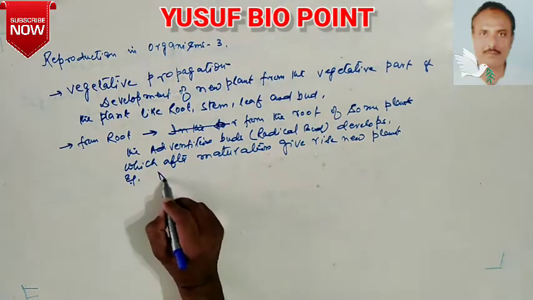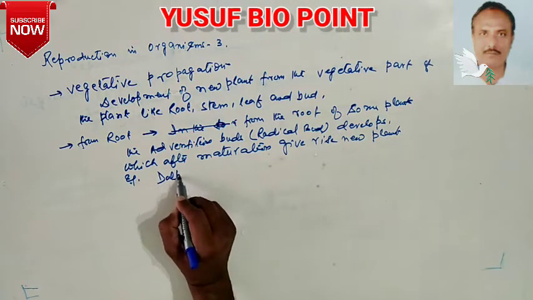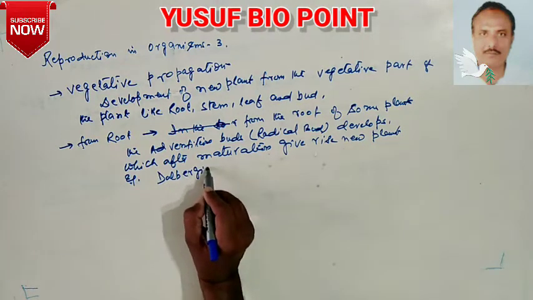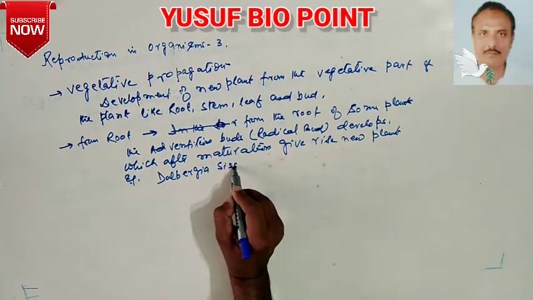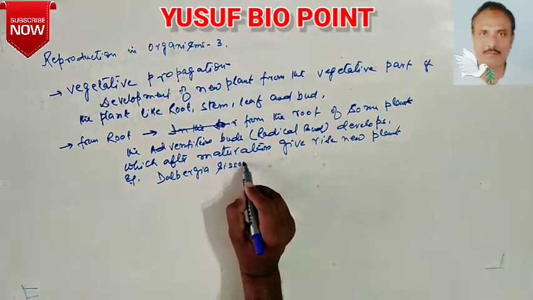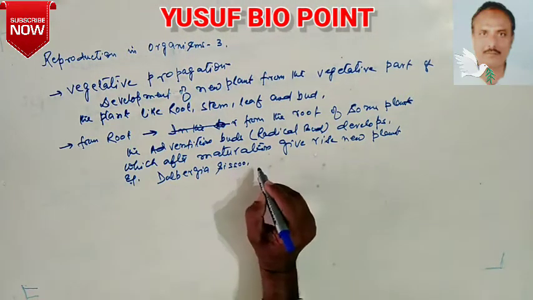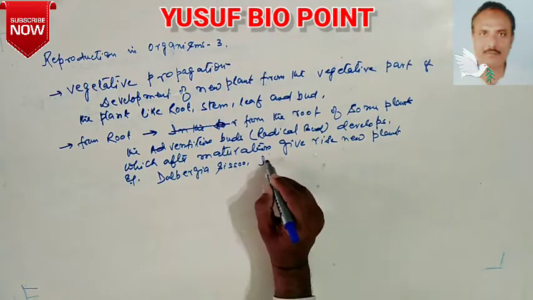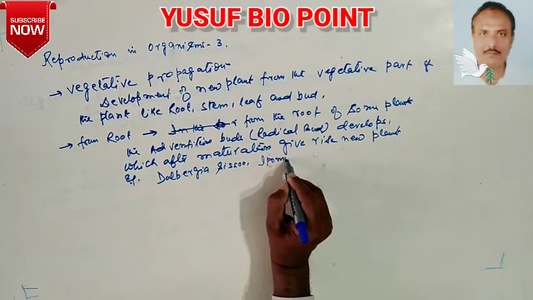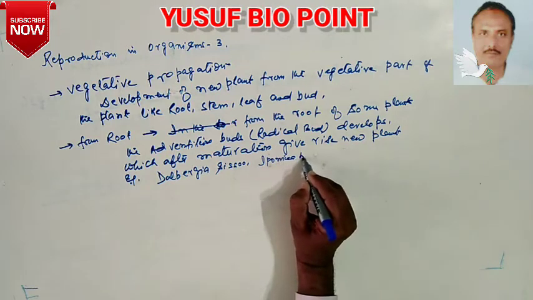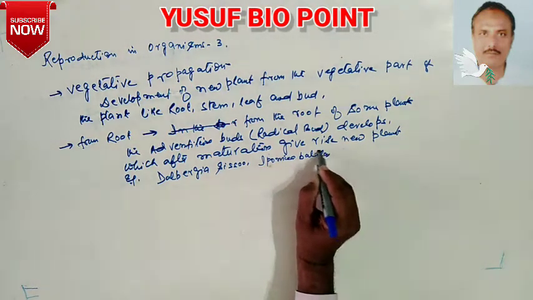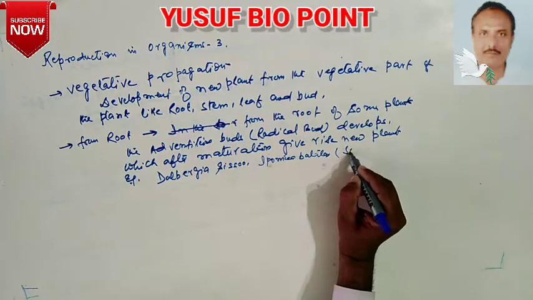Examples: Dalbergia sissoo, that is the sisum plant, and Ipomoea batatas, that is sweet potato.